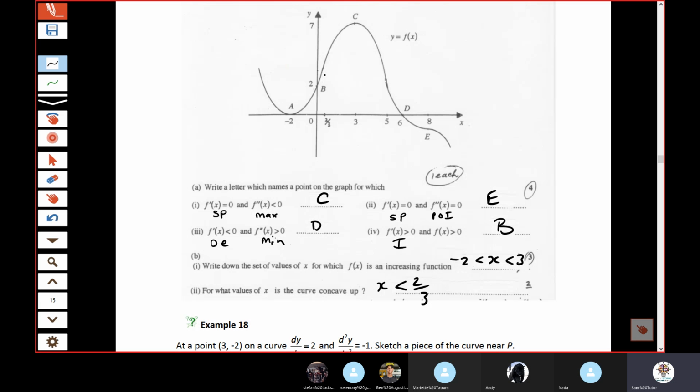It's just concave up before that point. You missed it. And it's also concave up here. Didn't we just do that for D? We said it's a minimum as well. So it's also concave up there. So comma between 5 and 8.